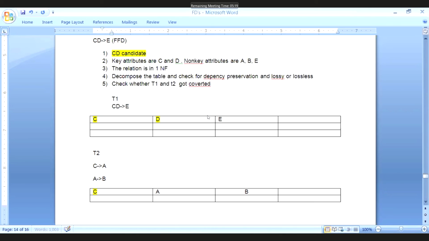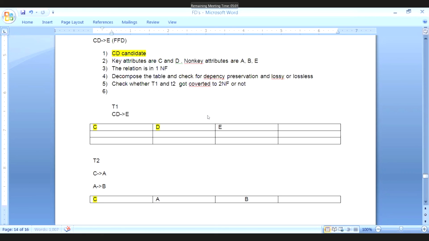Did T1 and T2 get converted to 2NF or not? So I have to check it individually. Is T1 in 2NF? Yes, ma'am. It is in 2NF.